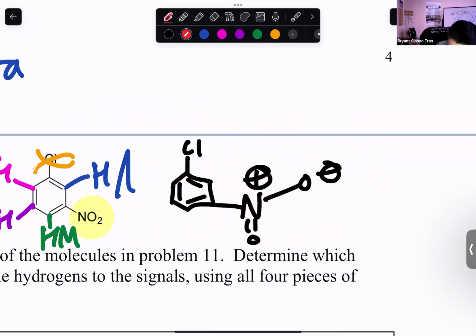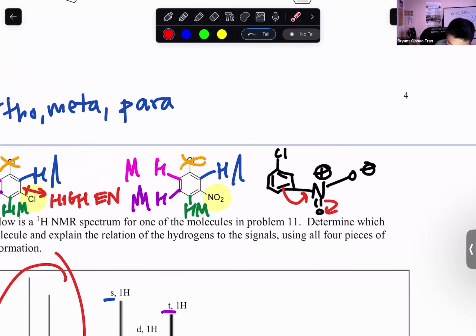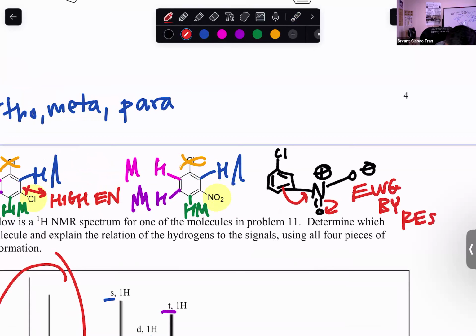It's going to withdraw electrons from the benzene by resonance. So it's actually taking the electrons actively, right? It's directly withdrawing the benzene's electrons by resonance, right? This is an electron withdrawing group by resonance.